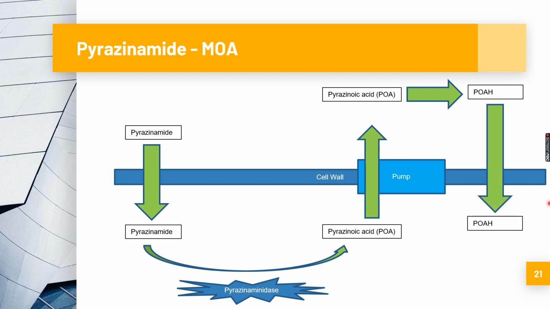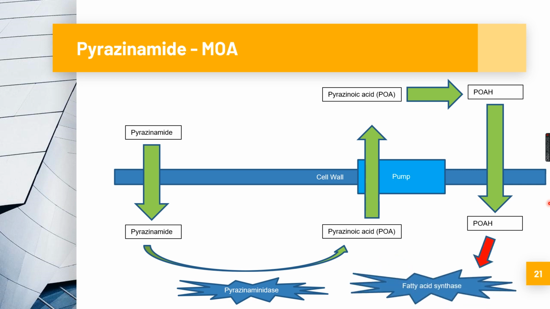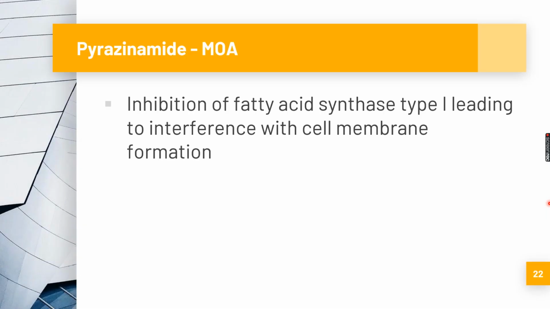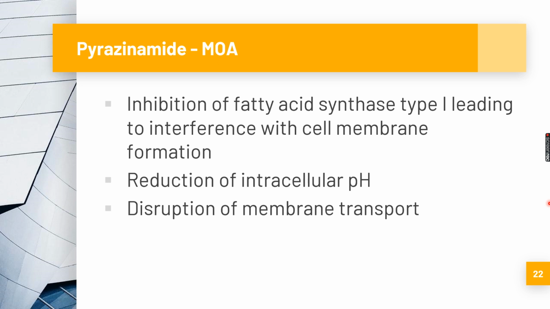This protonated POA, also called POAH, finally inhibits the fatty acid synthesis by targeting the enzyme fatty acid synthase, thereby affecting the formation of the cell membrane. So inhibition of fatty acid synthase type 1 leads to interference with cell membrane formation, and it also causes damage in Mycobacterium tuberculosis by reducing the intracellular pH and by the disruption of membrane transport.